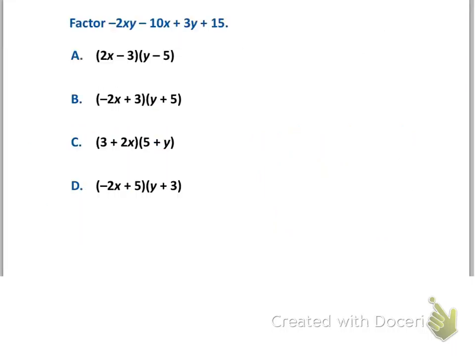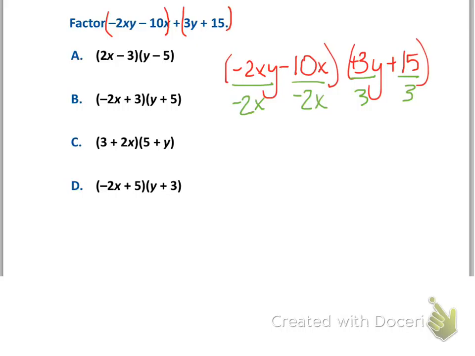All right, let's have you try one. Give it a pause, see if you can solve it yourself. All right, those are my greatest common factors that I'm going to divide by. And I get, crossing out, that gives me a positive y plus 5, and my greatest common factor on the outside, and a positive 3, the greatest common factor on the outside, gives me a y plus 5.